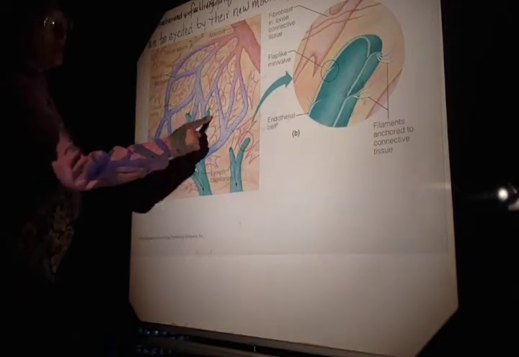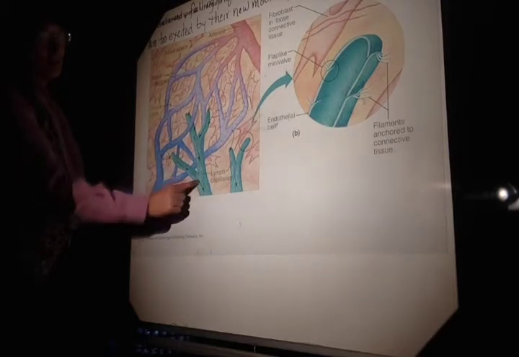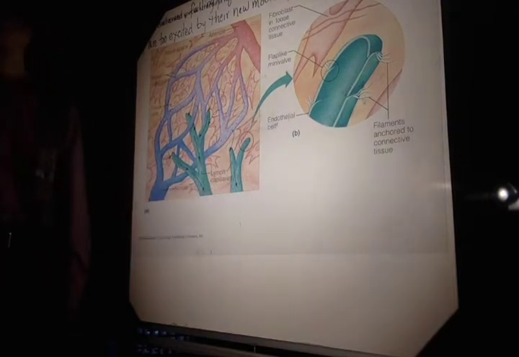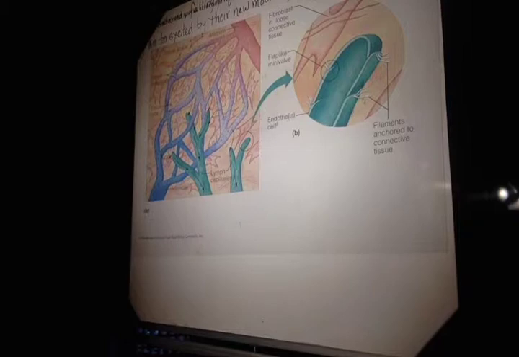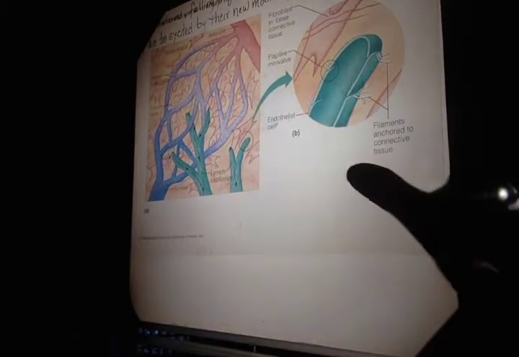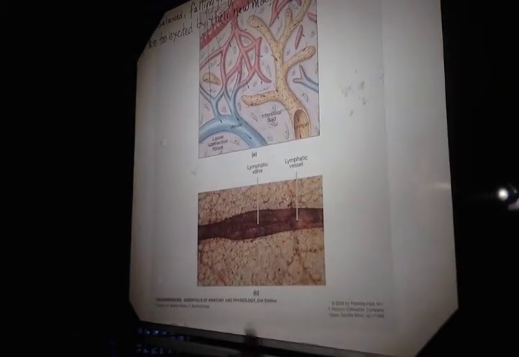So it's picked up in the little lymphatic capillaries, okay? And then it travels on to little structures that look a lot like veins and actually have little valve structures in them. There's a little lymphatic vessel with a little valve.